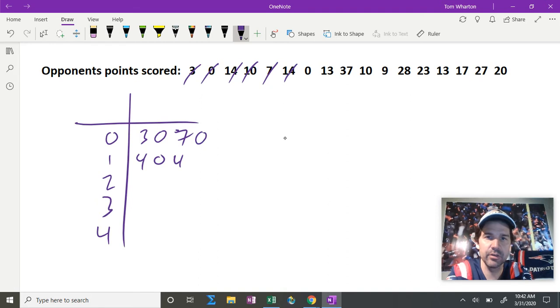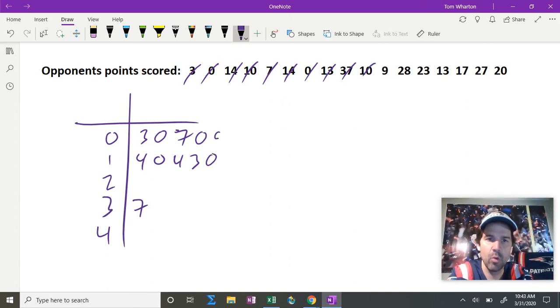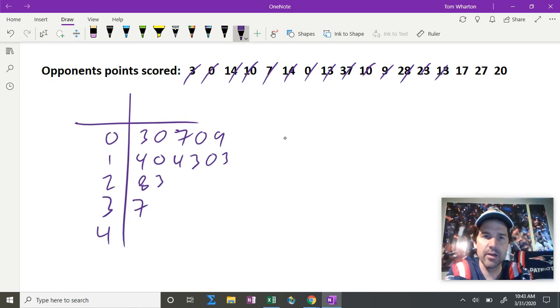There's another 0, 0, a 1, 3, a 37, a 10, so that's 1, 0, 09, 28, 23, 13, 17, 27, and 22, 0. And so that's my unorganized stem and leaf plot.